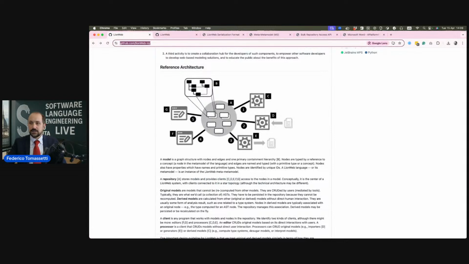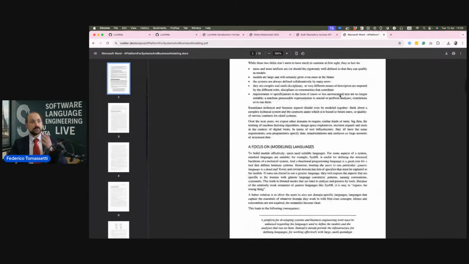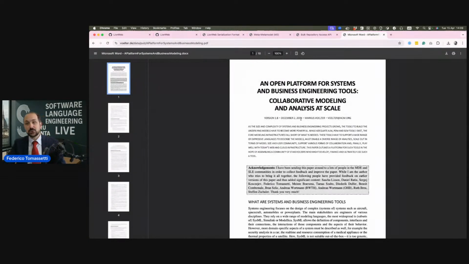We started based on this vision where we have shared models, we have people editing models with different kinds of editors, and potentially these processors monitoring what is happening and doing stuff. That was the original vision, based on a paper that Markus Völter put forward in December 2019.